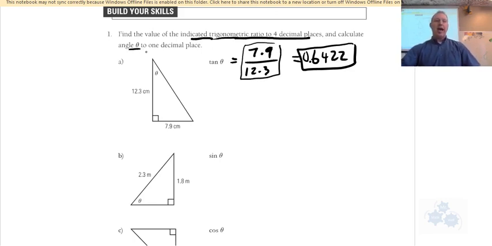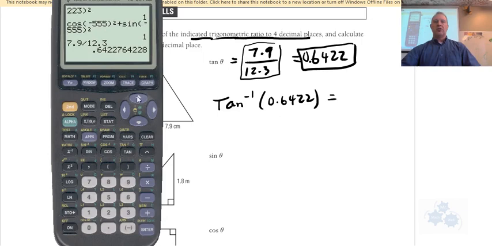Now this one, the angle, remember the angle is where we use the second function. So in this case, because we're dealing with tan, we use the second function of the value of the tan of theta. So this is what you should have done with your questions from yesterday. Second function tan and 0.6422.